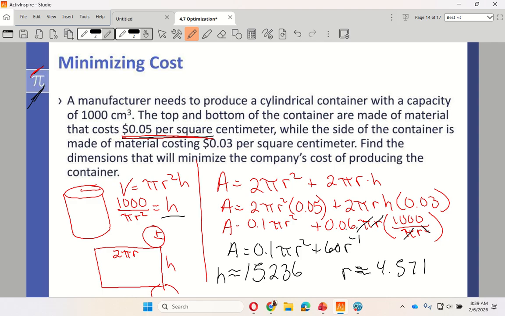So if I plug that in, where would I plug it in though? Yep, for the area.